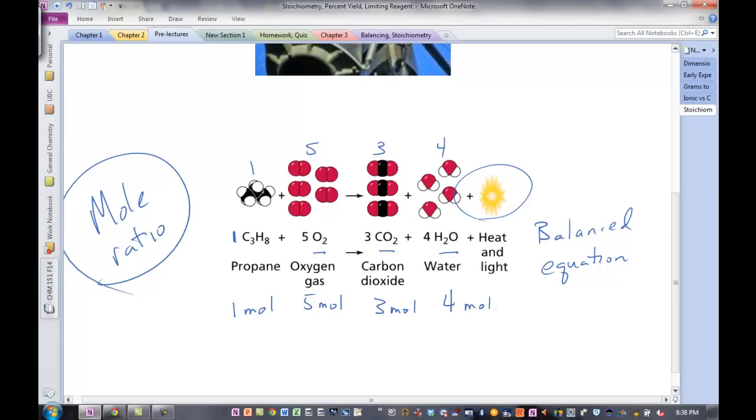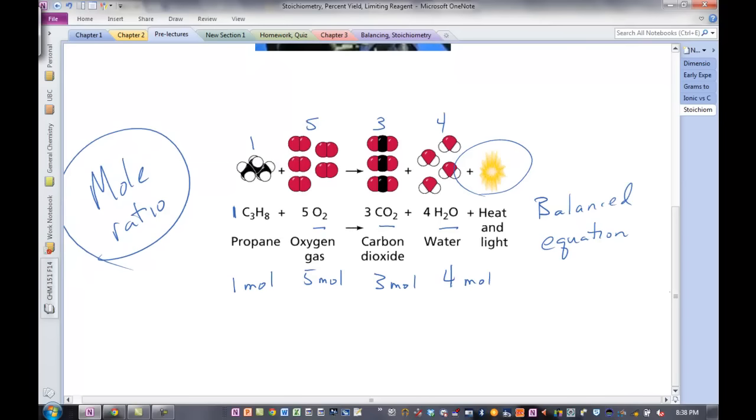All right, so it's important that you know how to read those coefficients as a ratio of how those species react and are produced in terms of moles. So let's just work a problem. 400 grams of propane is burned in excess oxygen.